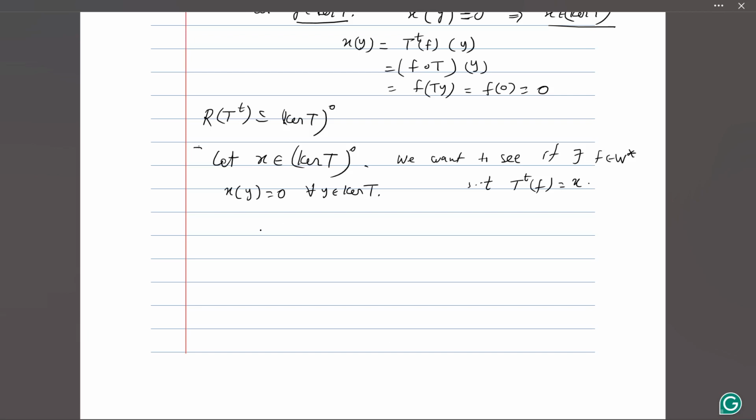Okay, how to do this? Kernel of T annihilator.